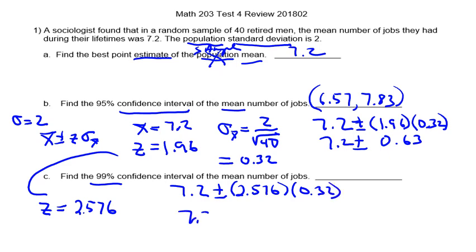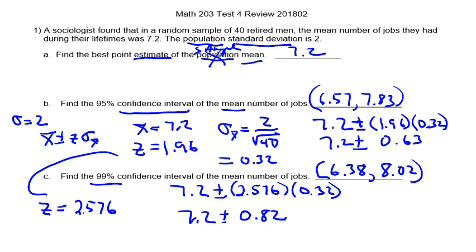Do your math and you're going to get 0.82. So if you add and subtract, your actual interval will look like 6.38 to 8.02.